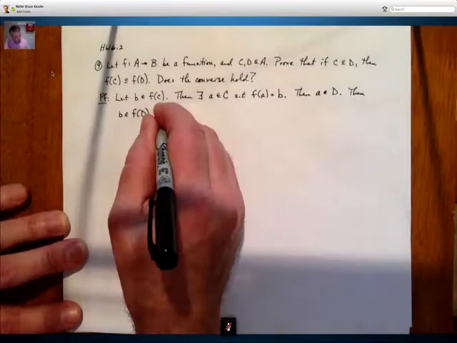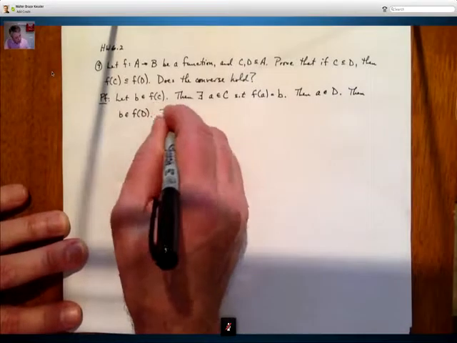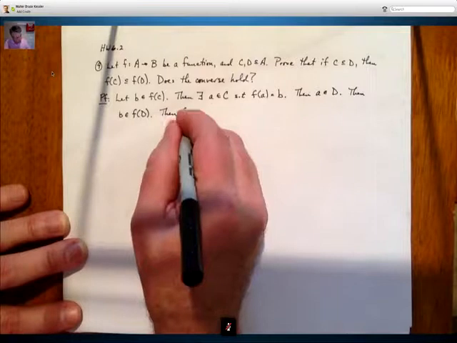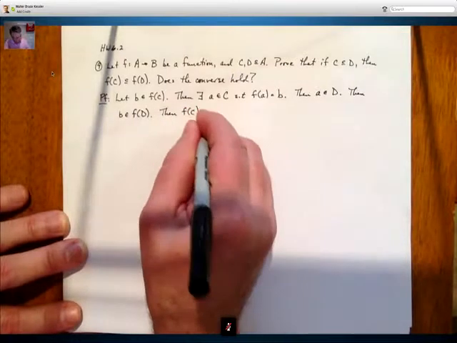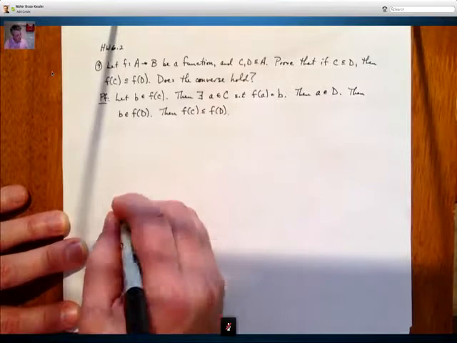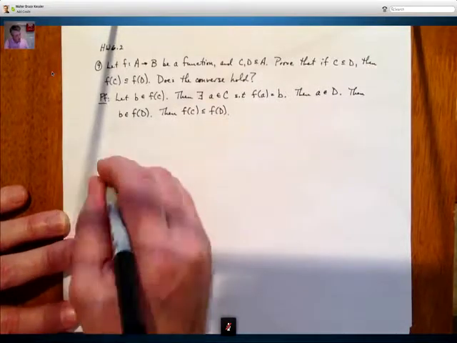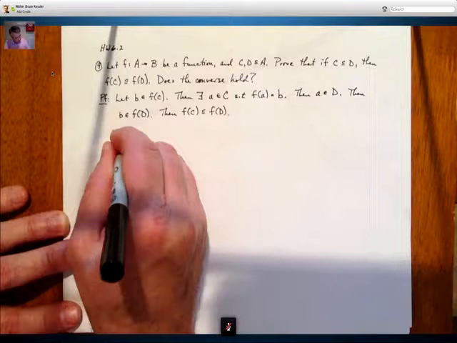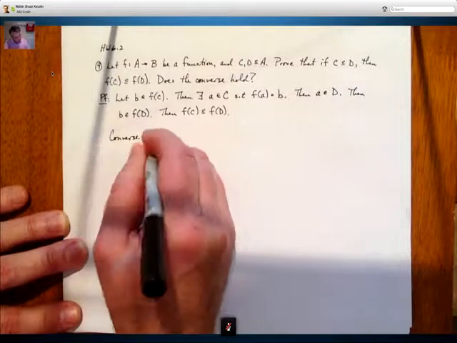I don't get it. So anyway, what we've shown is that f of C is a subset of f of D. So we've proven that. Now the question is about the converse. Let's state the converse.